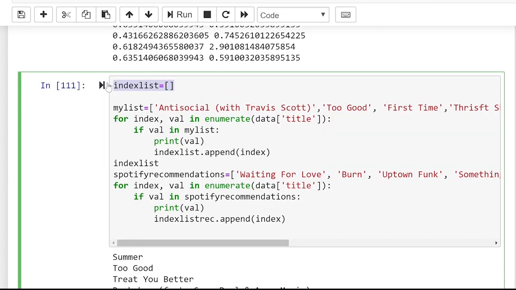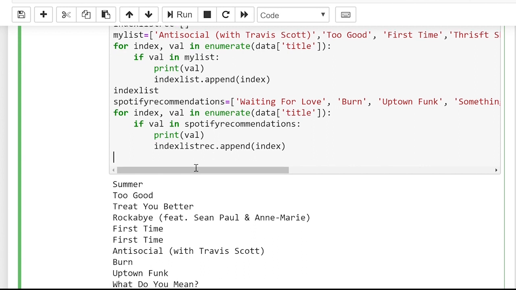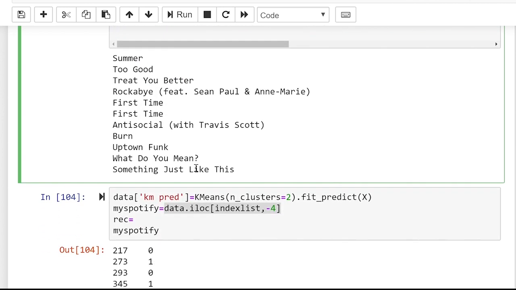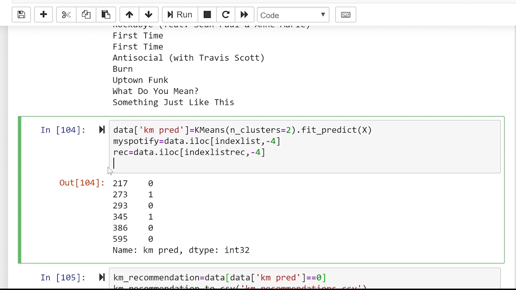Then I will create another index list for recommendations. Let's see if the cluster we made is similar to the cluster Spotify makes for us. So over here, rec data iloc, in this index list, recommendations, and I would like to see if all is 0, it means that we captured it.